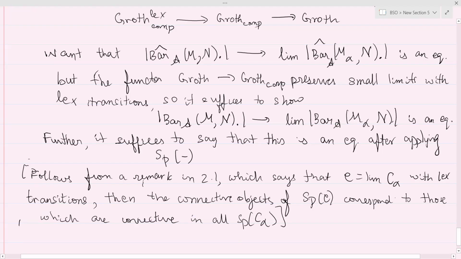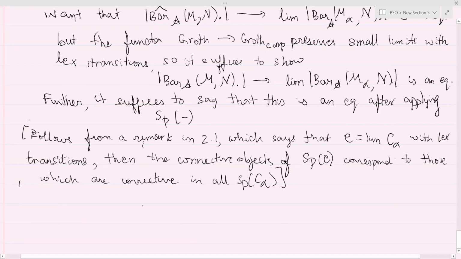So this allows us to further just prove our statement about the spectrum objects, and this is now possible because of our assumption on N.